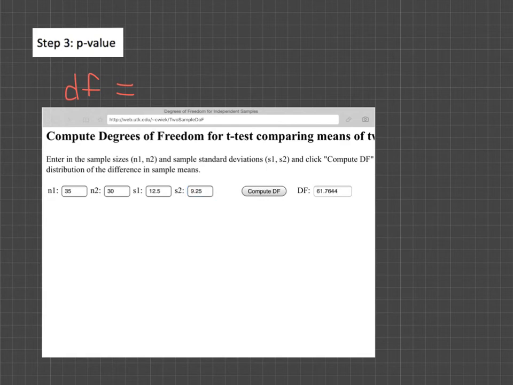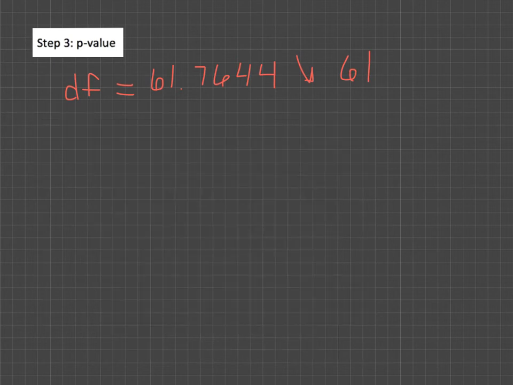And we hit compute degrees of freedom. That gives us degrees of freedom of 61.764. And we're going to round that down to degrees of freedom of 61. All right, we are done with that calculator.